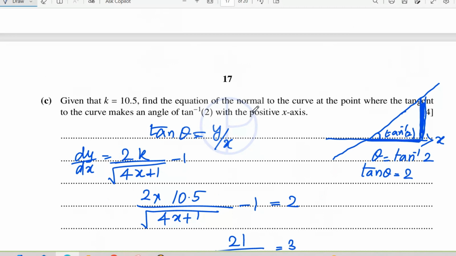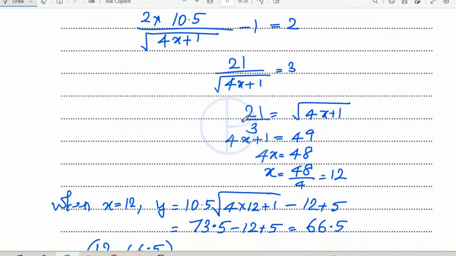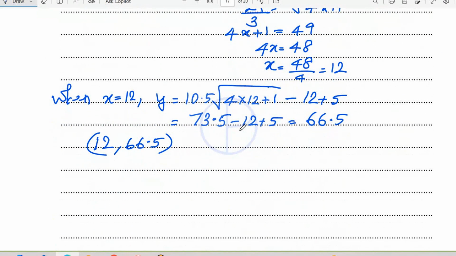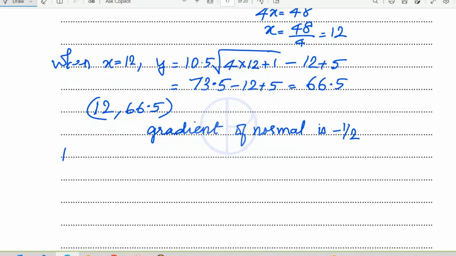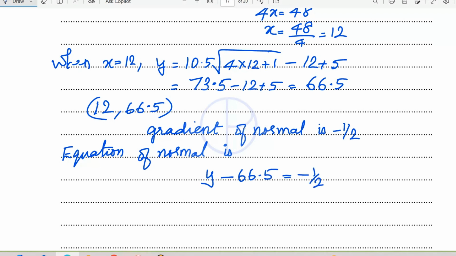Equation of the normal. We need to find the equation of the normal. We know the gradient of the tangent is 2, so the gradient of the normal is negative 1 over 2. So the equation of the normal is y minus 66.5 equal to negative 1 over 2 multiplied by x minus 12.